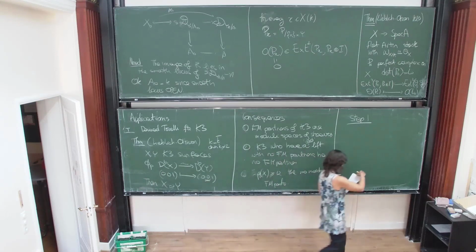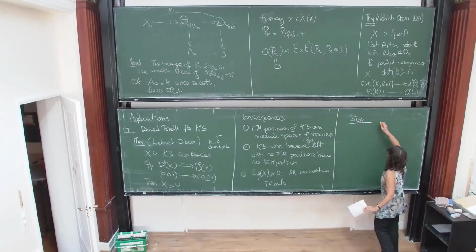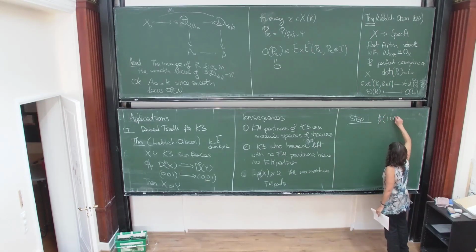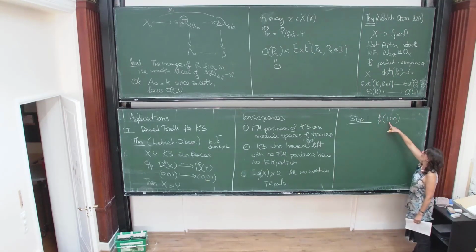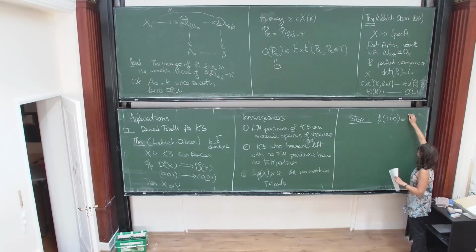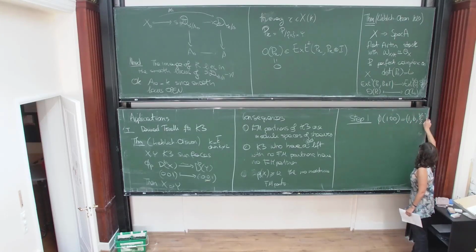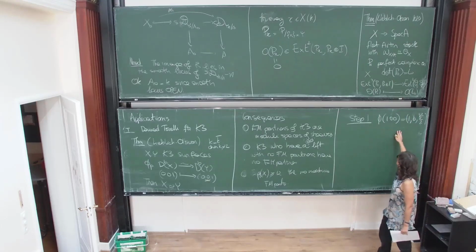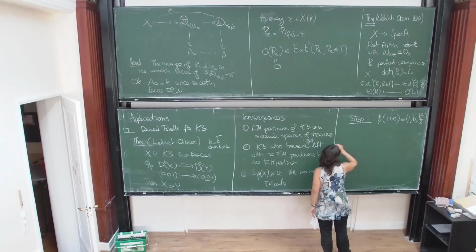But in step one, I can assume, I look where f of (1,1,0) goes. So f of (1,1,0) is of the form (1, b, b squared over 2). It's because I used the Mukai pairing.